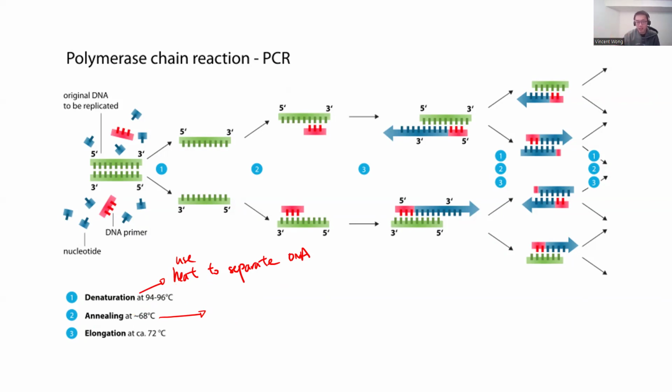It depends on the sequence you're trying to clone. And cooling allows primers to attach. And then you heat it up a little bit again, a couple of degrees higher, and this activates Taq polymerase.